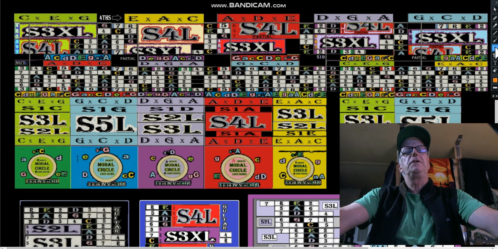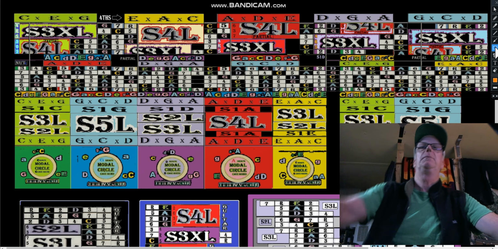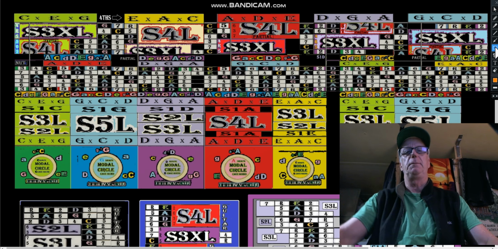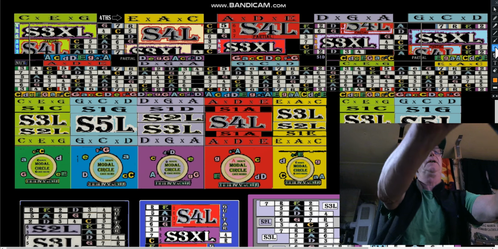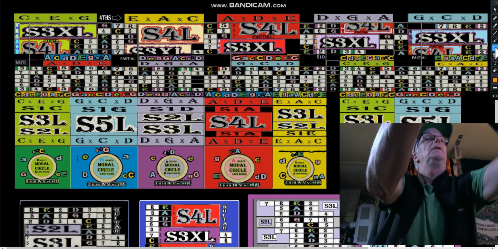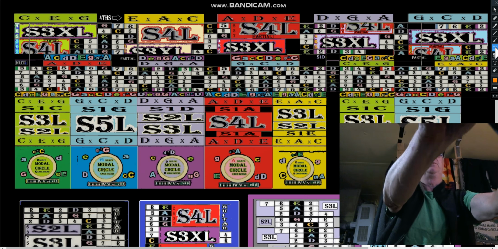If you could learn these patterns, they're applicable to all 5 keys of CAGED, and all 5 keys of CAGED are applicable to all 12 keys on the piano. So the 5 keys of CAGED: C, A, G, E, and D. Let me turn this a little louder. Everything's so mellow.